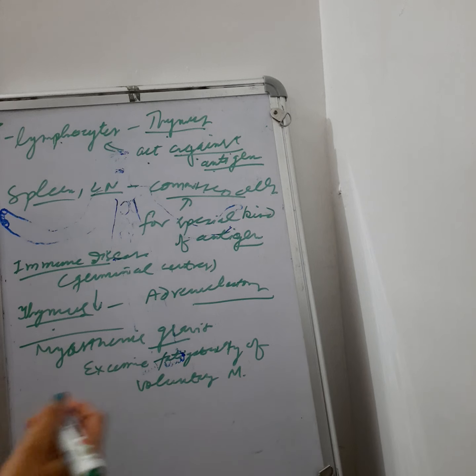So this occurs in case of hyperplasia of the thymus gland or tumors of the thymus gland. So thymus gland dysfunction is one of the reasons for myasthenia gravis. That is a nervous system disorder, a muscular disorder.